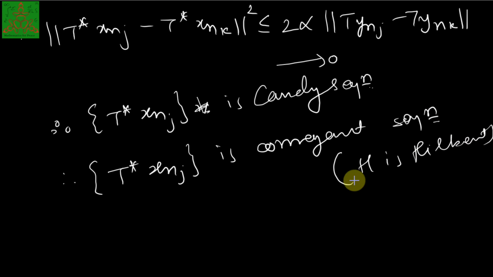So a Cauchy sequence will become a convergent sequence. And T star x_nj is a subsequence of T star x_n, so that's why T star is compact. So what we have proved here is, if T is compact, then its adjoint is also compact.